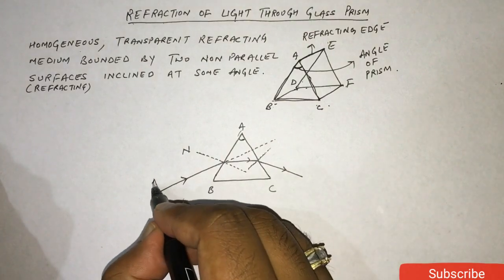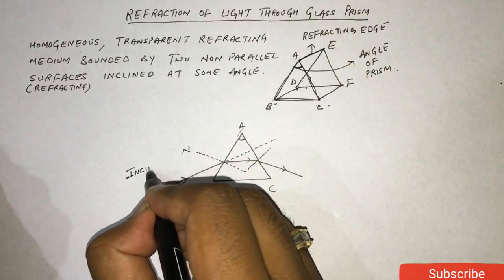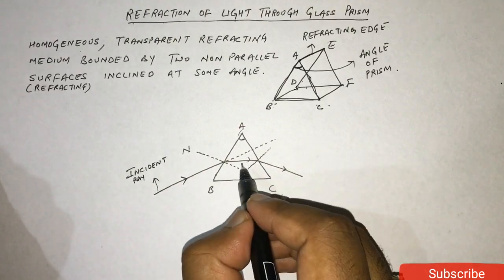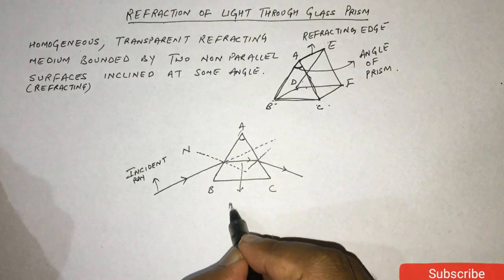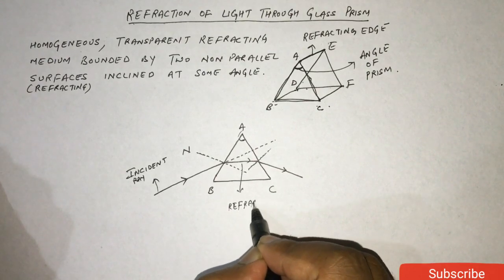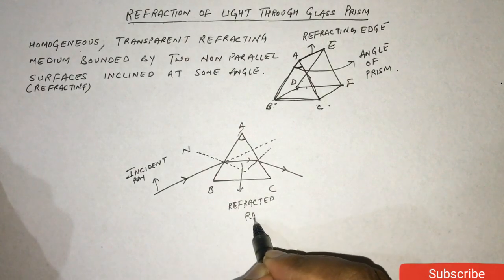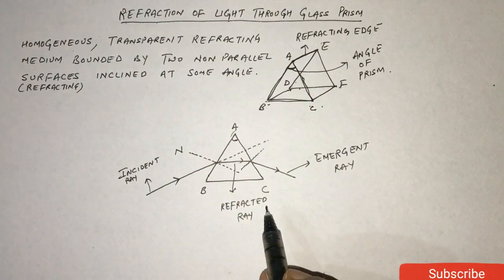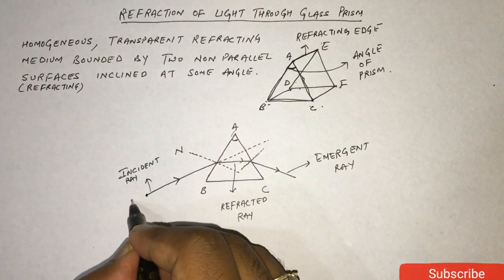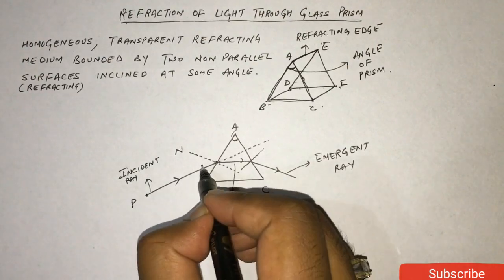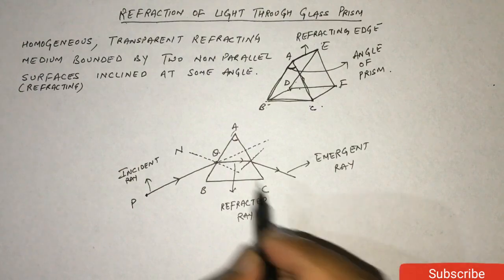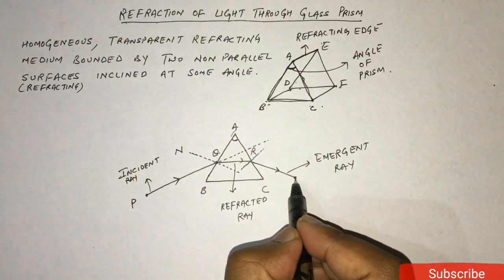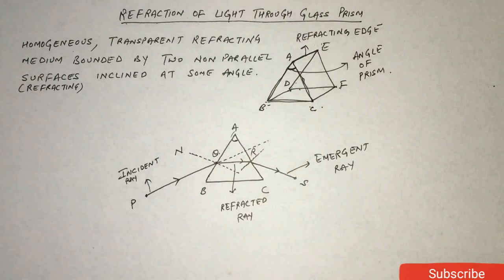So this light ray is known as incident ray. Fine. The second light ray, this light ray is known as refracted ray, and the third one is known as emergent ray. Fine. This PQ, I'm repeating again, this PQ is incident ray, Q2R is refracted ray, and R2S is known as emergent ray.